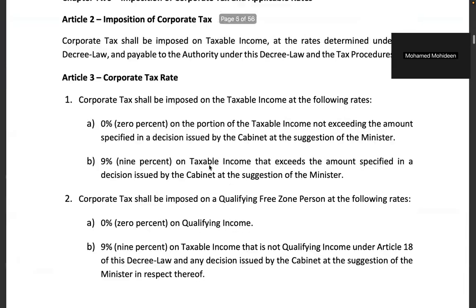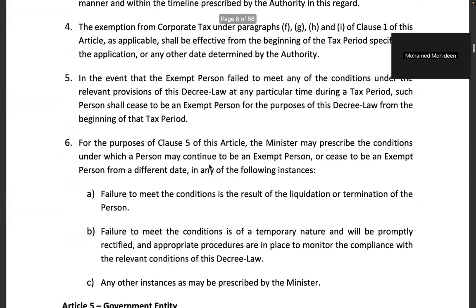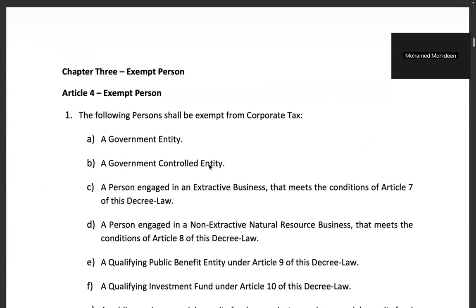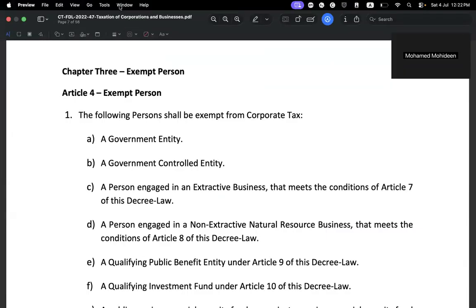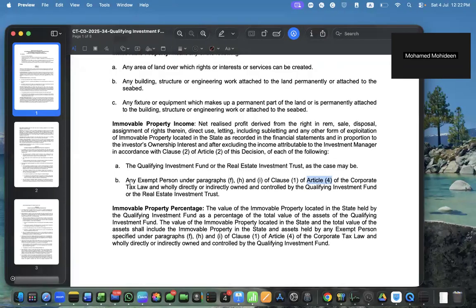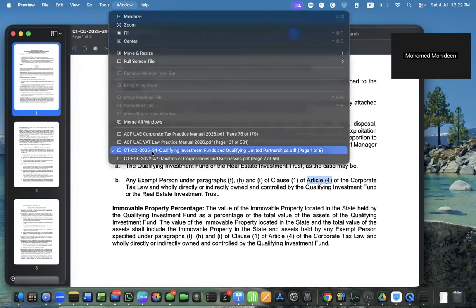So if you remember that article number 4, which was the mother article for exemptions, this is article 4, right? And in that article, the cross reference made is any exempt person under paragraph F, H, I of clause 1. F, H, I. Let us remember F, H, I.